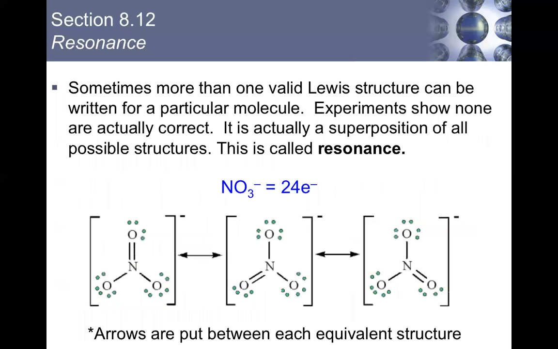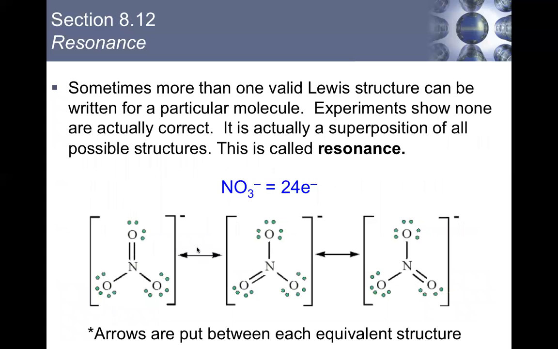And so a lot of times they're going to say, draw the different ones. And so when we have to draw the different resonance structures, we have to show that not only can it be here, but it could also be here, and it could also be here. So we draw all 3. And then we put arrows in between them to indicate that all 3 of these are correct.